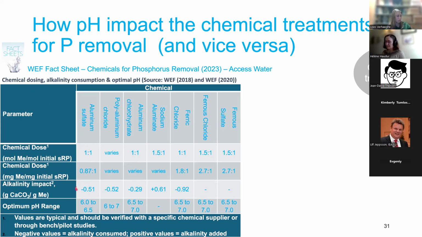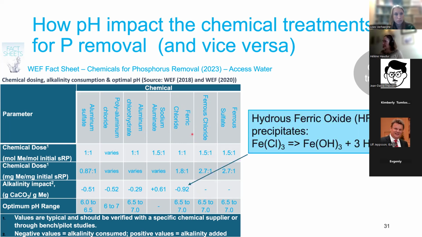So you see minus, minus, minus, 1 plus, and a minus here for ferric chloride. That is pretty well used. And this minus sign means that when you use those salts, it will consume alkalinity. Why will it consume alkalinity?